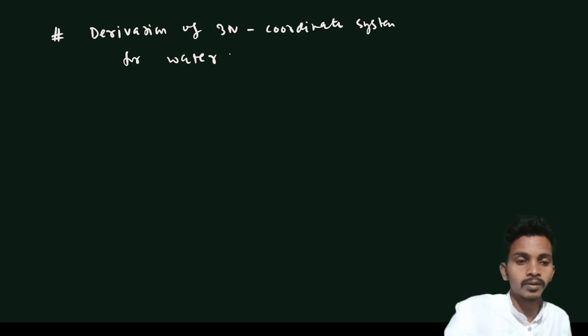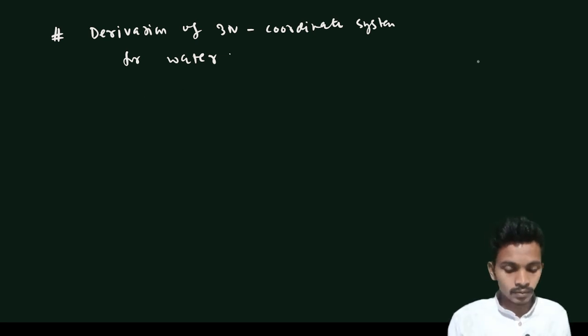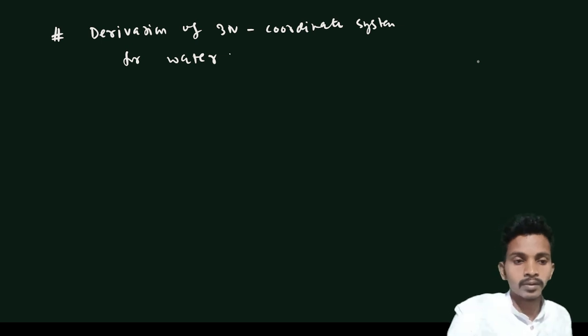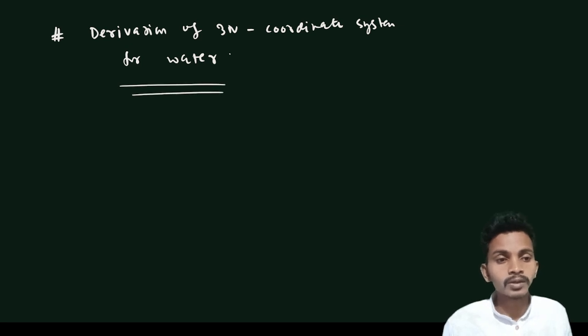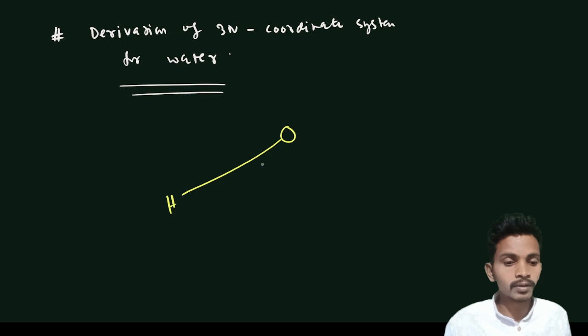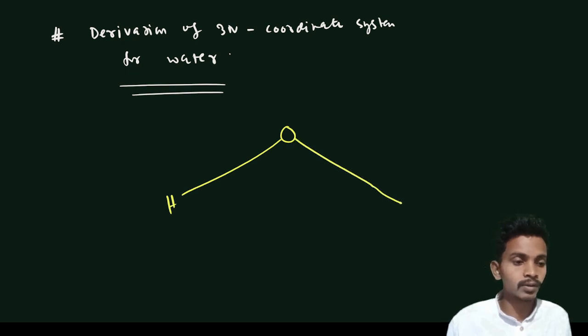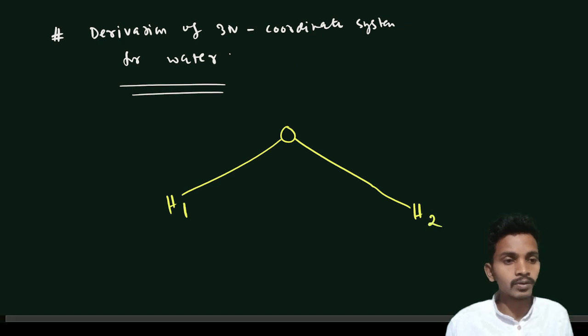For water, I have to derive it like this: oxygen, hydrogen, hydrogen. Let's say this is H1, this is H2. So 9 coordinate systems are there because 3 into 3 is equal to 9 coordinates. So I have to draw 9 coordinates.